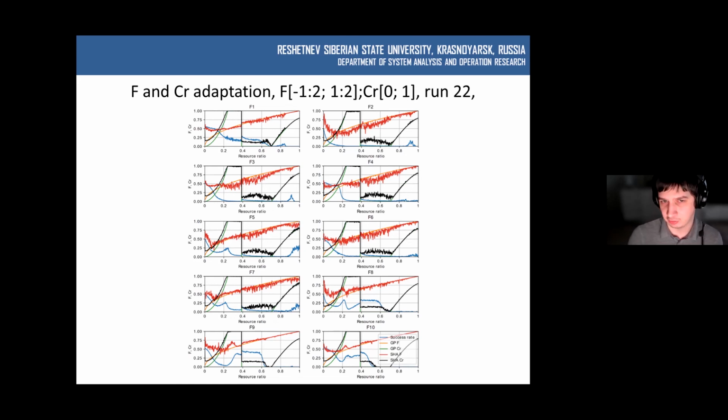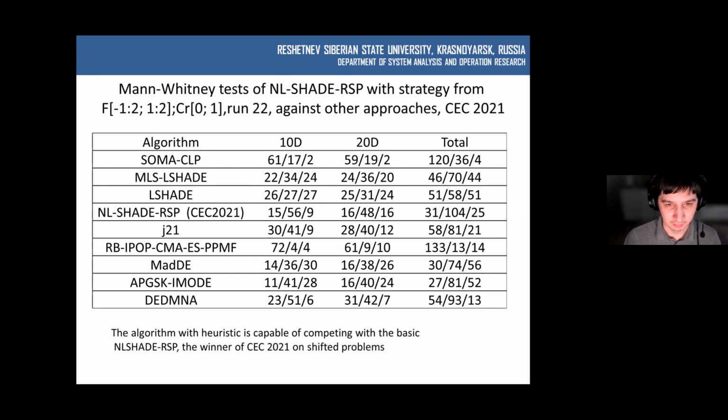So F is just a square root of the current resource, and CR first goes up to 1, then drops down, and then after 0.75, it just goes up again. Again, it is very similar to what we have handcrafted by ourselves. So as an algorithm, genetic programming found very similar strategies to those we have created.